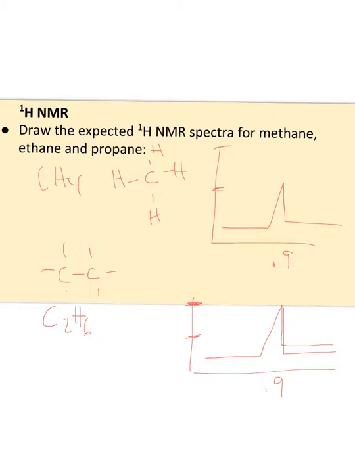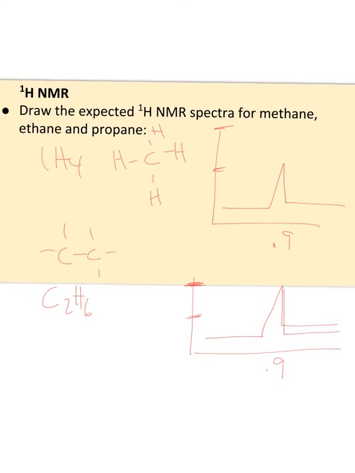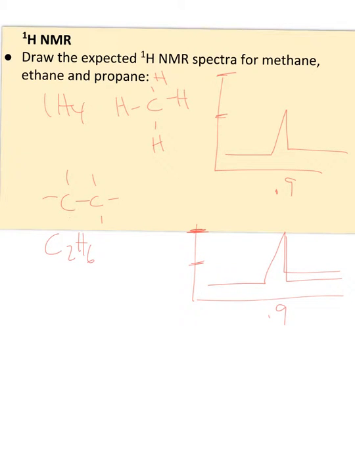And then propane is going to have a different look to it because propane has got more than one environment, so there'll be more than one peak. With propane, I've got 2 CH3 groups here, but I also have a CH2 group. And so here's one environment, and here's my second environment. So if you look, I've got a 6:2 ratio or a 3:1 ratio.